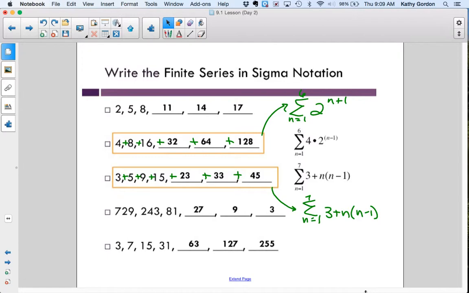Now, the reason it is this way, and we're going to see this more in our next 2 lessons when we get into specific types of lessons, is because this is one of those specific types, and there is a particular form to the function that always works with that type. And so the 4 times 2 to the n minus 1 is using that form of the function.